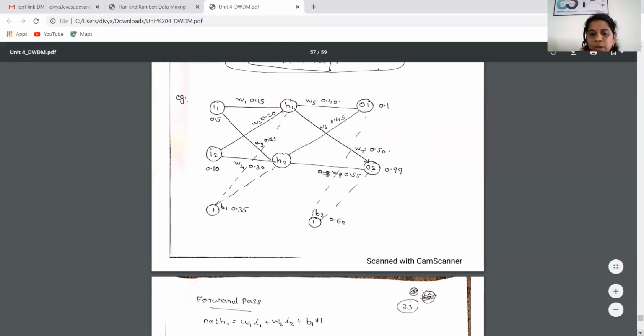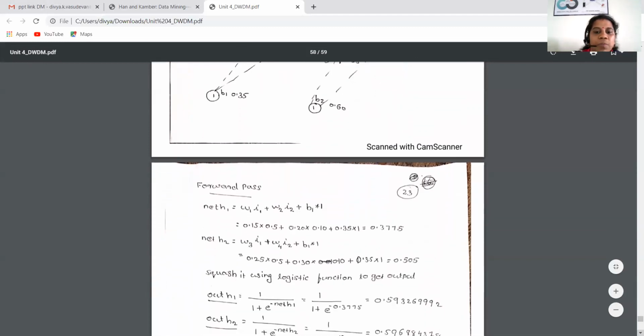This is the way to calculate H1. So 0.15 into 0.5 plus 0.20 into 0.10 plus 0.35 into 1 is equal to 0.3775.